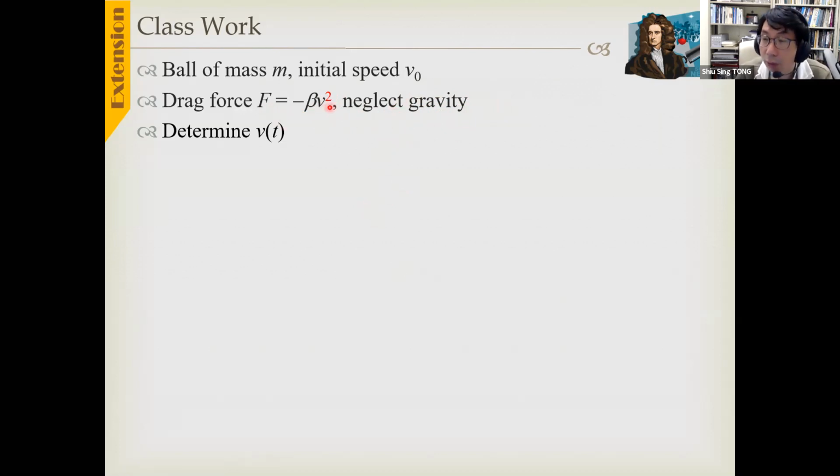You are given the force now, and the force is equal to ma by Newton's second law. So you can write down the differential equation in terms of v, right? And how would you solve it if you are required to do integration? Has anybody done it at home?